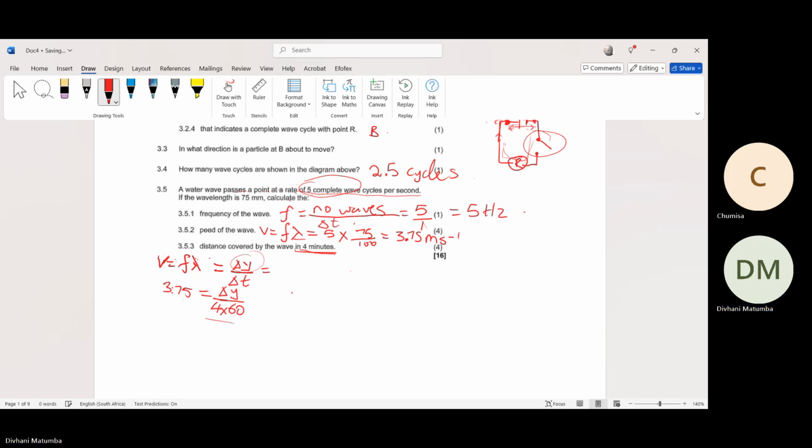Okay, perfect. So this is over 1. You understand the cross multiplication, eh? Yes, sir. Okay, 1 times change in y gives us change in y. Change in y is equal to 3.75 times 4 times 60.